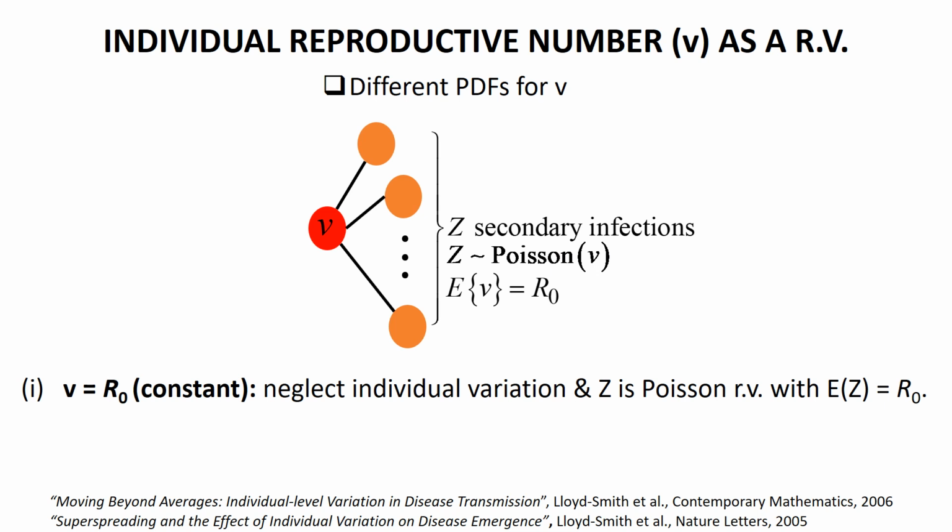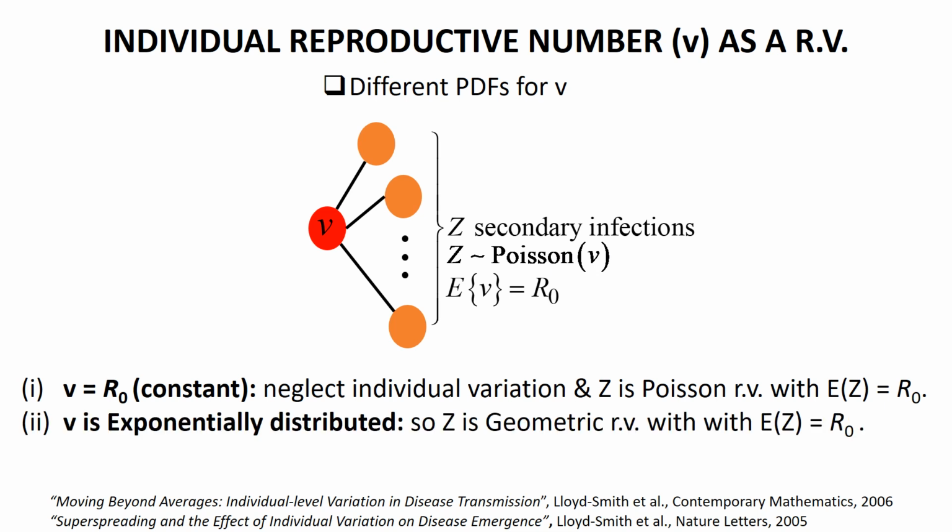So three possibilities which are mentioned in the papers below. We could take V equals R0, a constant. If we take it as a constant, then we've got the traditional way of looking at the reproductive number. In this case, Z is equal to Poisson R0. So Z itself is a random variable, but the expected value is R0. And that's the traditional way of doing it. We say R0 is the average number that you infect.